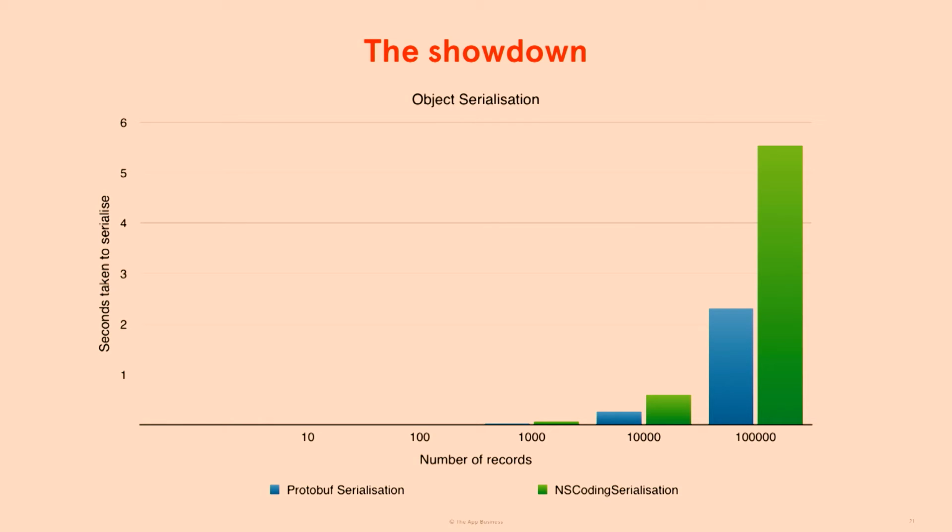So again, we have another showdown. It's the exact same rules as before. On serialization, at the higher record numbers, admittedly it's not that much longer, only about 2 seconds longer, but we are seeing really increased performance for protocol buffers.